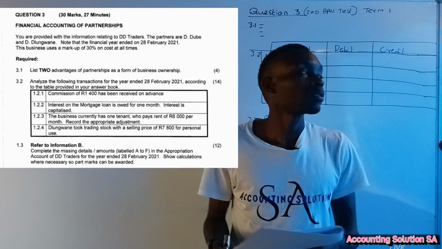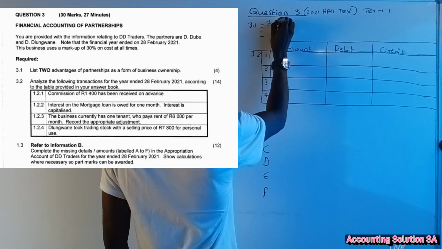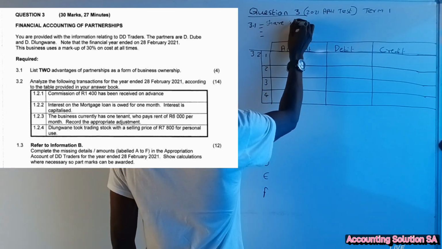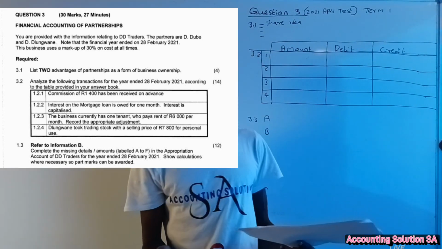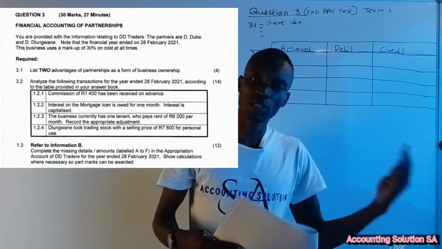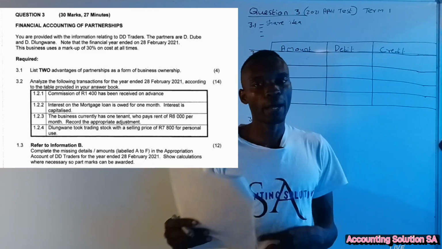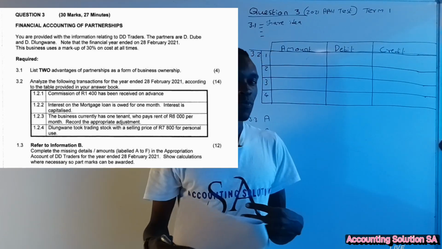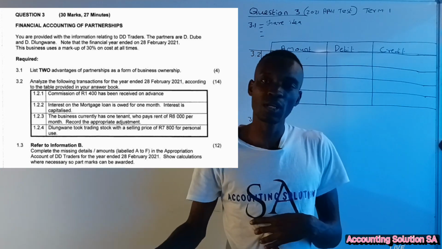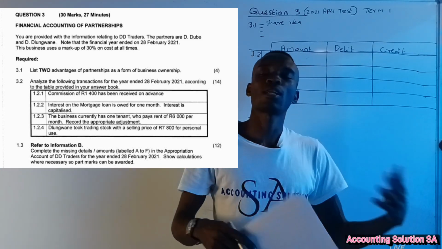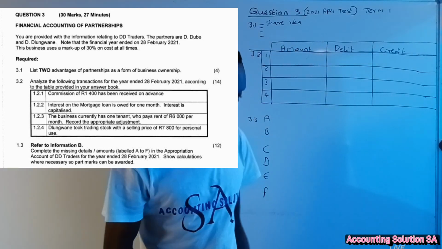The first one is that you are going to share ideas with your partner. If you are running a partnership, both of you are going to contribute ideas. This can lead to a very successful business, because someone comes with another idea, then it comes together and you make a good business.